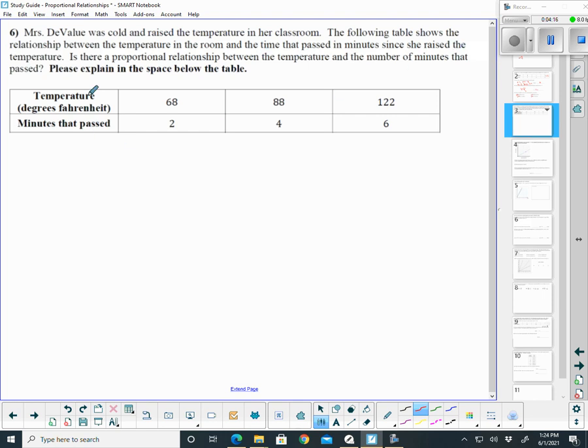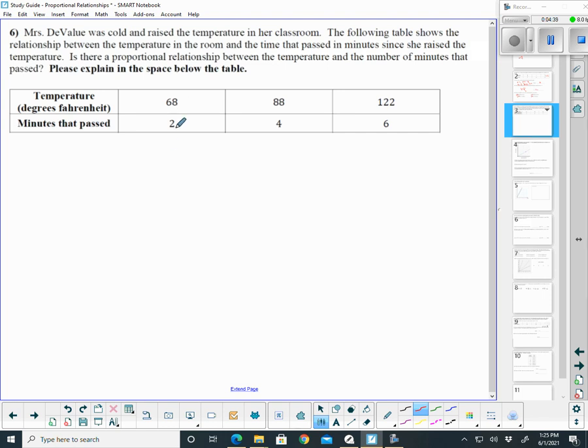After 2 minutes, the temperature was 68 degrees. After 4 minutes, it was 88 degrees. And wow, after 6 minutes, it was up to 122 degrees. That's pretty hot.